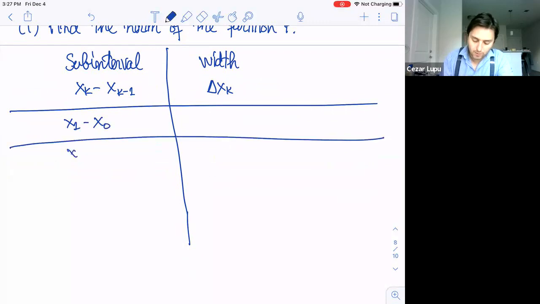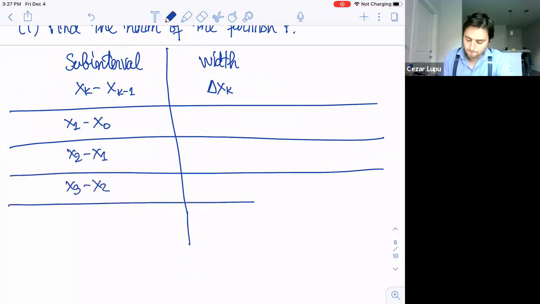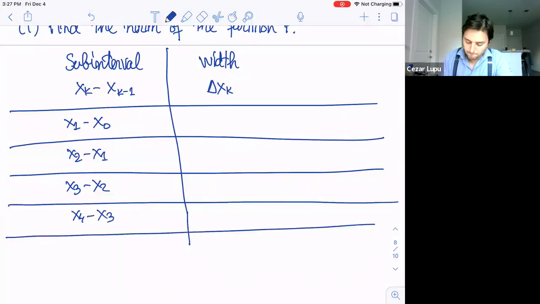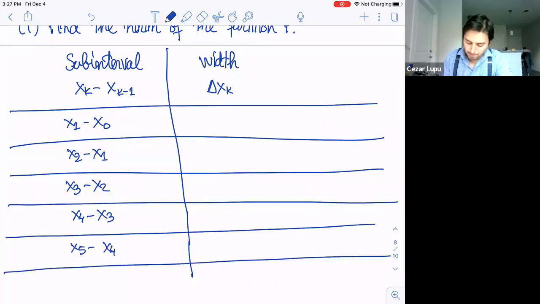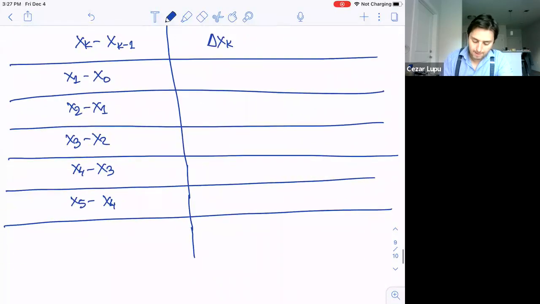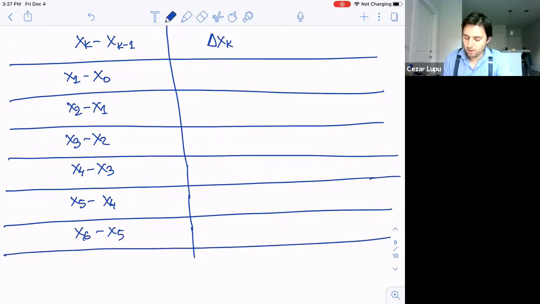Then we have x2 minus x1. Then x3 minus x2. Then x4 minus x3. Then x5 minus x4. Then x6 minus x5. Okay, so this is what we have.